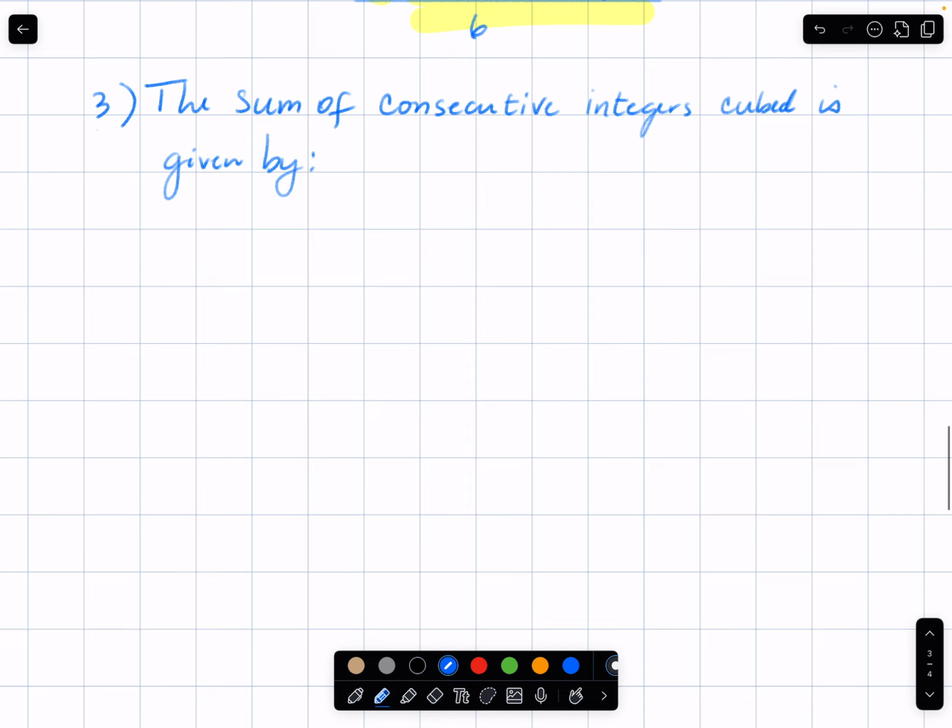All right. So let's see. If you're adding a list of numbers that are cubed, you can just use the following formula.